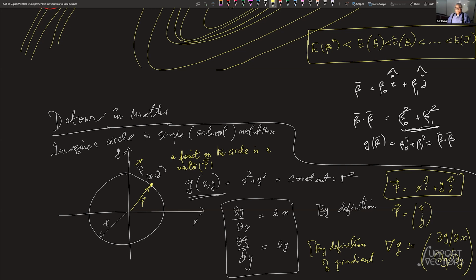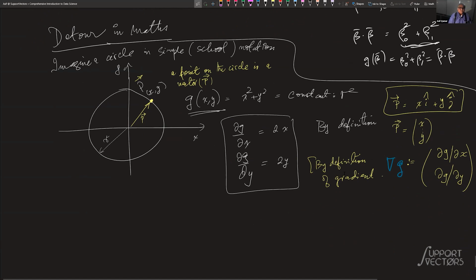Are we together? Now let me use a different color for the gradient. The gradient of G is a vector. It is the definition: it is that vector which is made up of the partial derivatives.